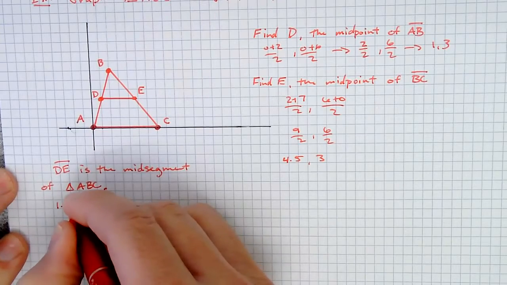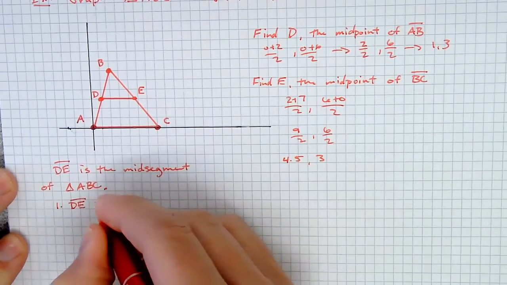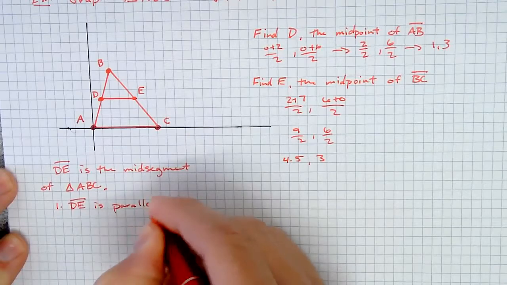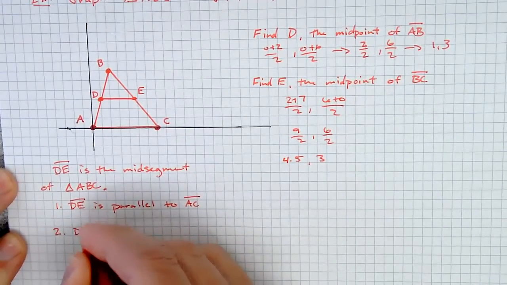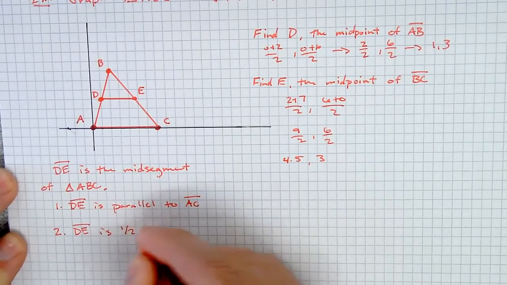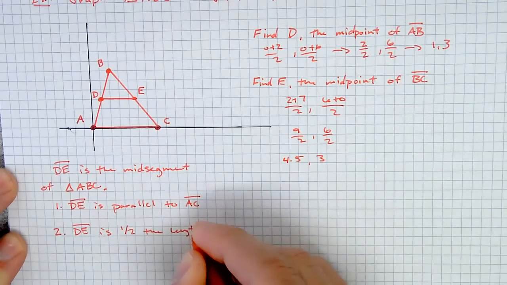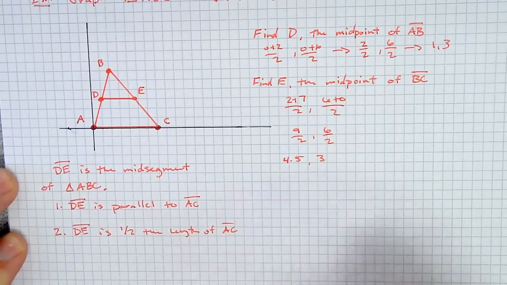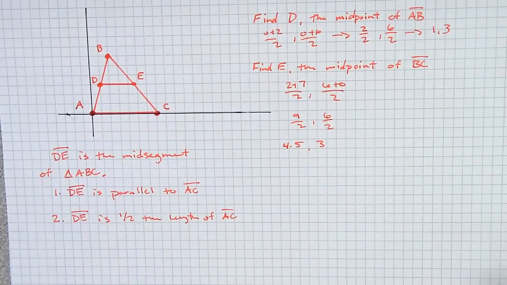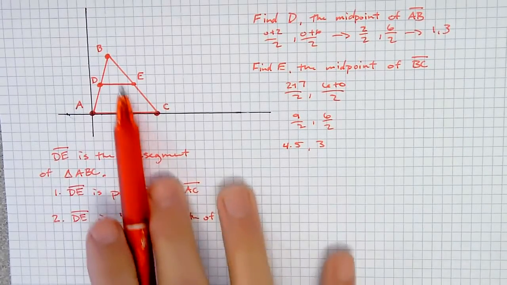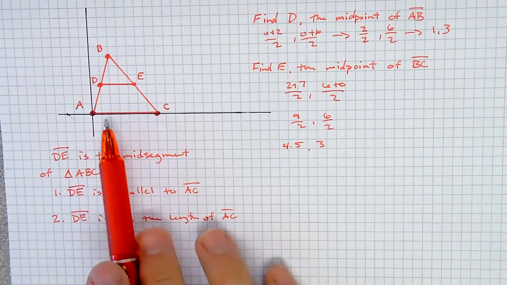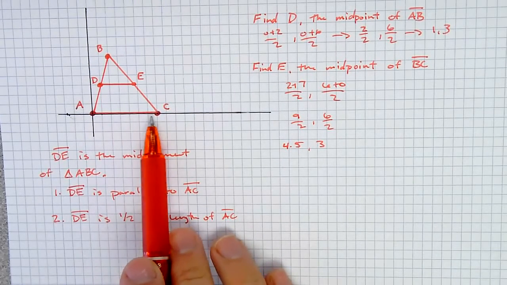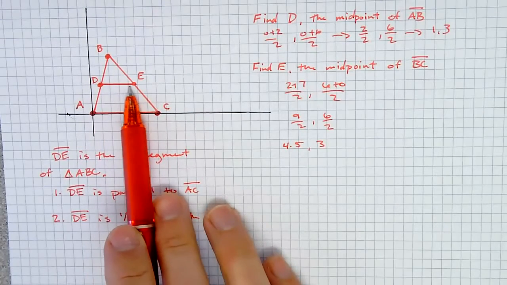First one being that DE is parallel to AC. And also that DE is half the length of AC. So the mid-segment is going to be parallel with your base as well as being half of the length. Pretty easy to find the length of AC. Just 1, 2, 3, 4, 5, 6, 7. And this is 1, 2, 3 and a half.